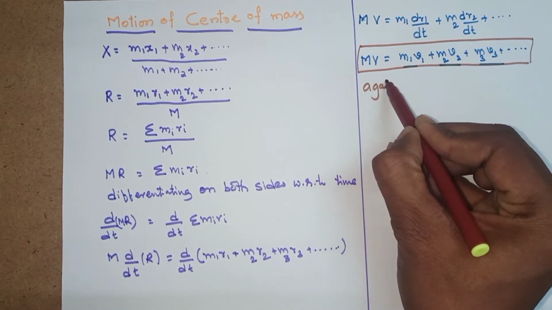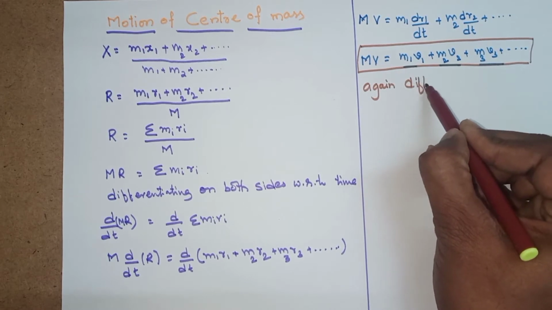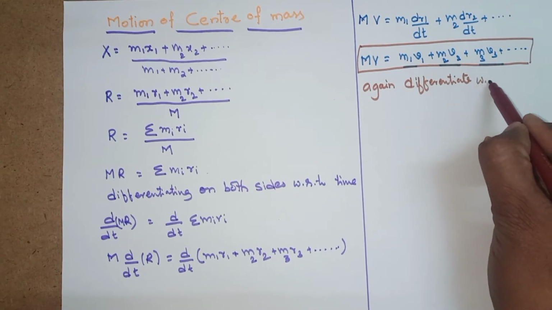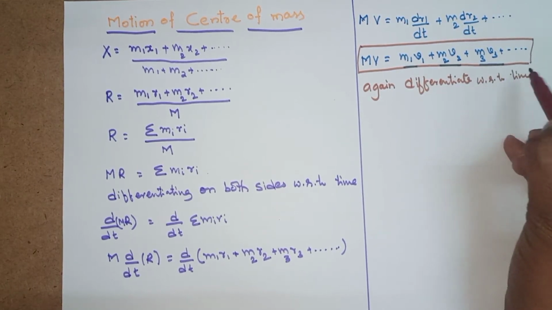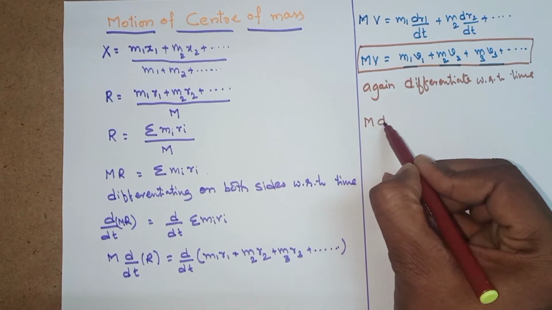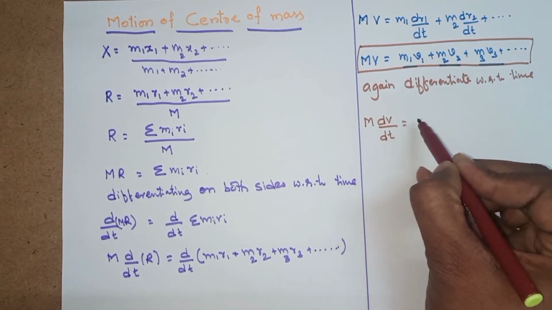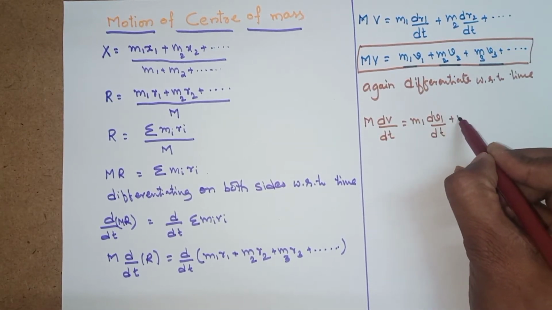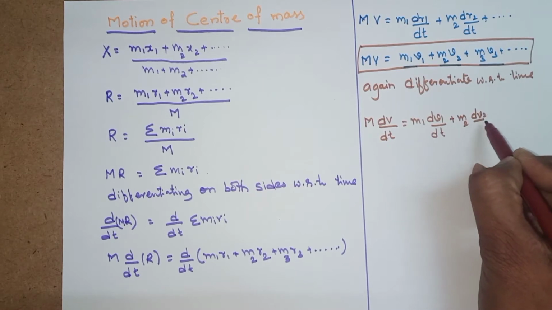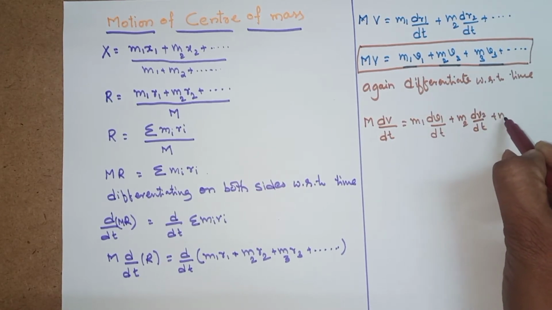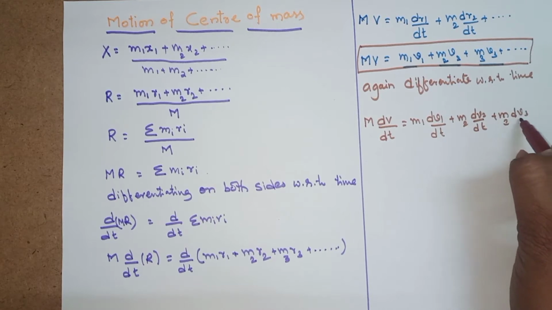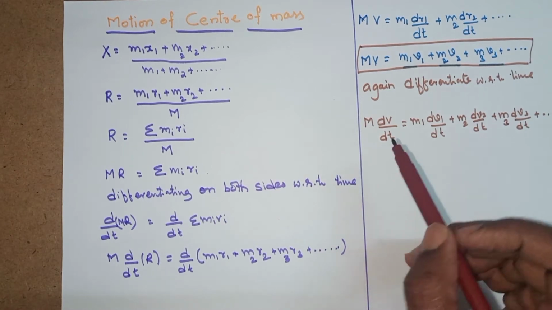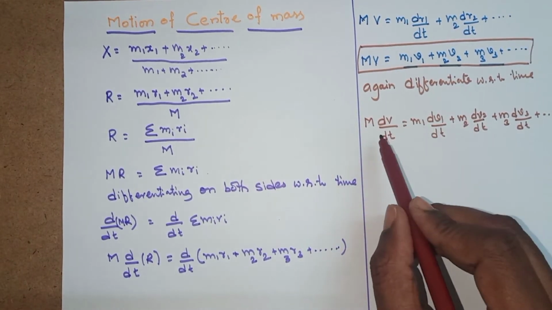Again, differentiate with respect to time. Then we write M into dV by dt is equal to m1 dv1 by dt plus m2 dv2 by dt plus m3 dv3 by dt, and so on. What is the meaning of differentiation of velocity with respect to time?